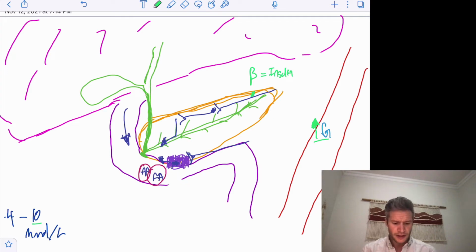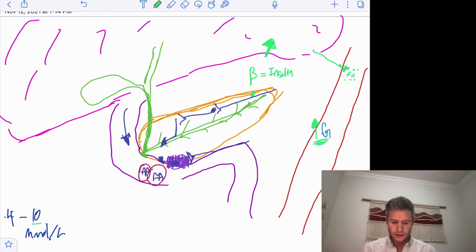Typically the insulin gets released into the blood and stimulates the liver primarily. So you have this insulin cruising around, and when it interacts with cells, it causes the cells to take up glucose from the blood.